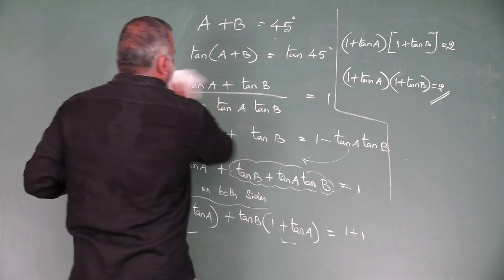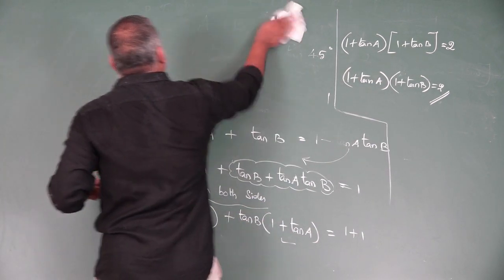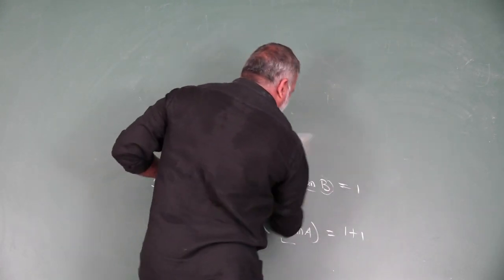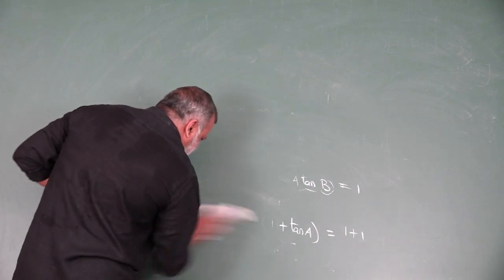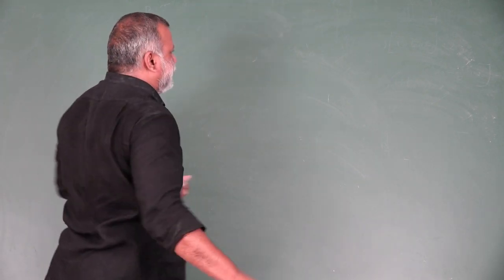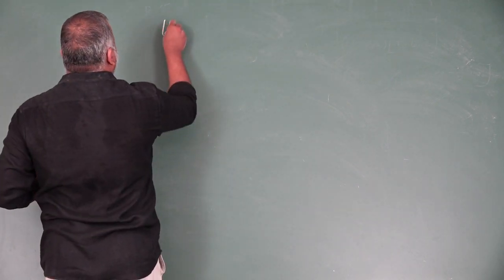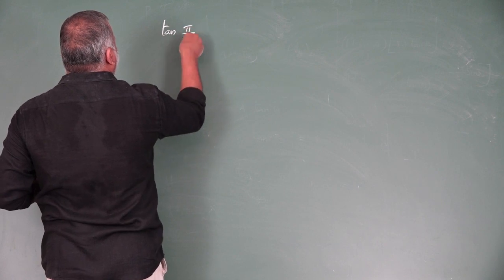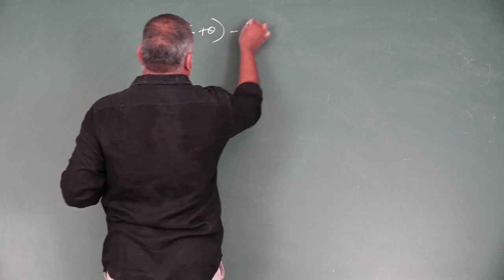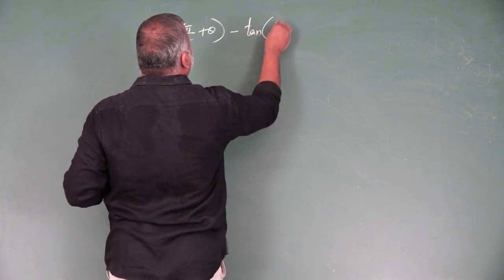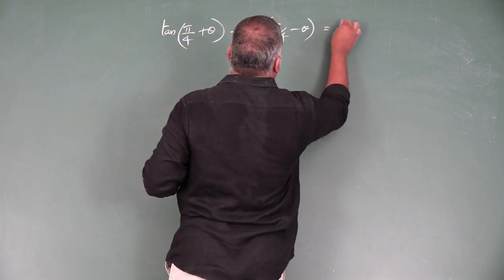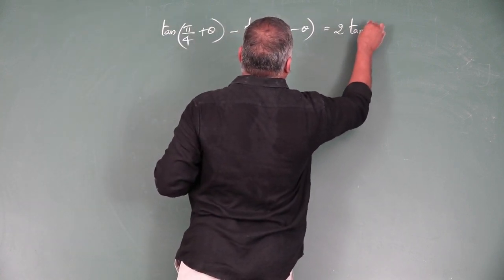In the same tan family, once again, same application of tan family, you have one more question to prove. The same logic, but the question asked is a different one. So see the given: tan of pi by 4 plus theta minus tan of pi by 4 minus theta is equal to 2 tan 2 theta.